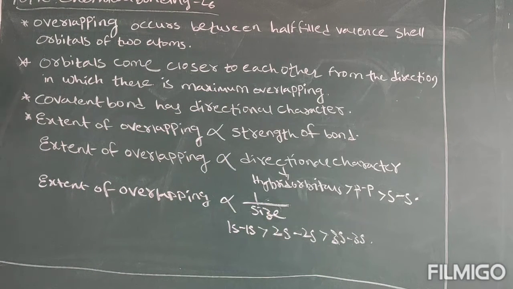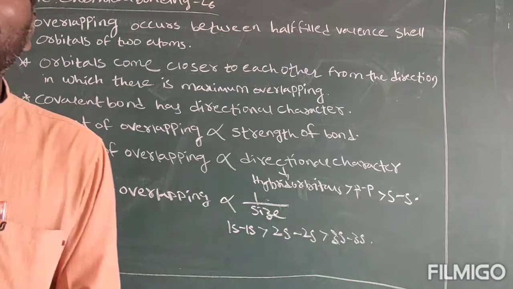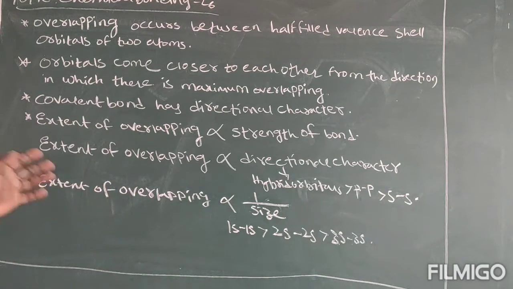After you note down these points, we will show you exactly what overlapping is. Note this clearly: overlapping occurs between half-filled valency shell orbitals of two atoms. Orbitals come closer to each other from the direction in which there is maximum overlapping, and covalent bond has directional character.